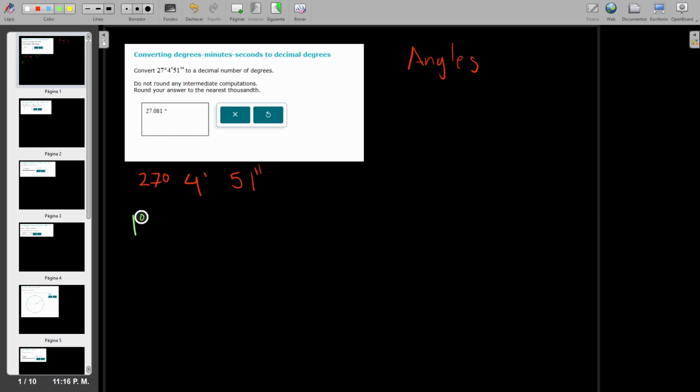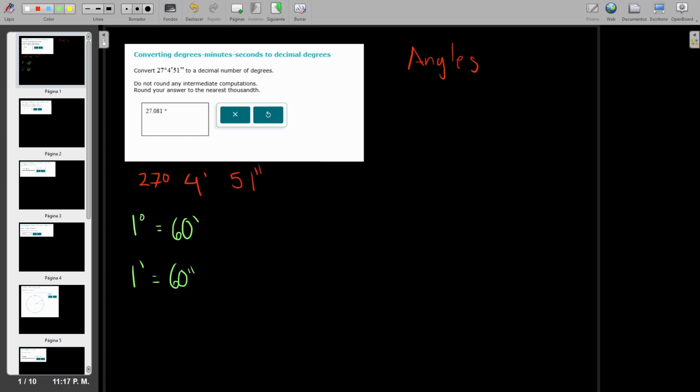We have 1 degree is equal to 60 minutes. 1 minute is equal to 60 seconds. The equivalent is to be dividing all of this so we can have the values.